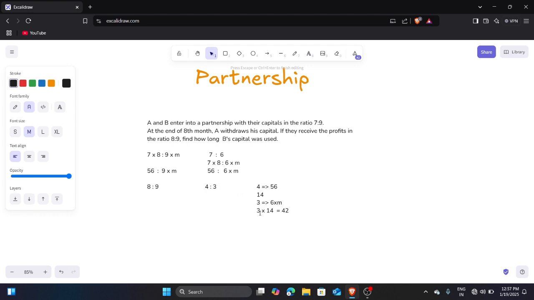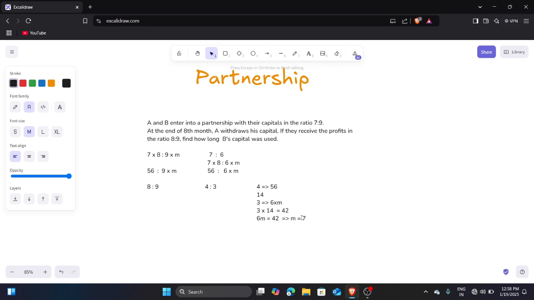Now from this above and below equation, we can consider that 6m is equal to 42. It means the m value is 7, because 7 times 6 is 42.